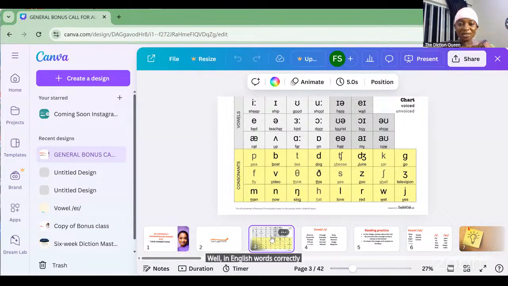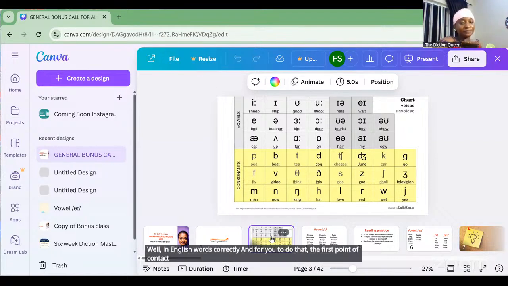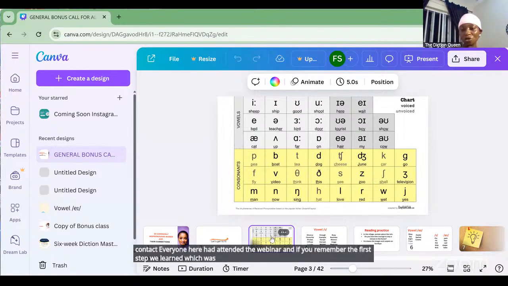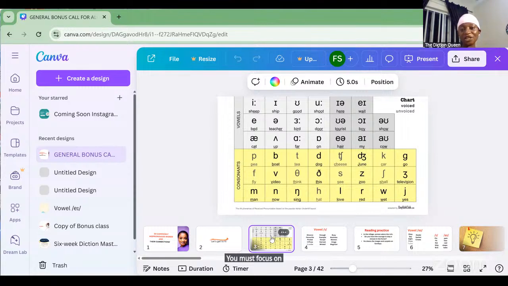And for that, the first point of contact, as everyone here who attended the webinar will remember from the first step we learned, diction fundamentals, is the sounds of the English language.